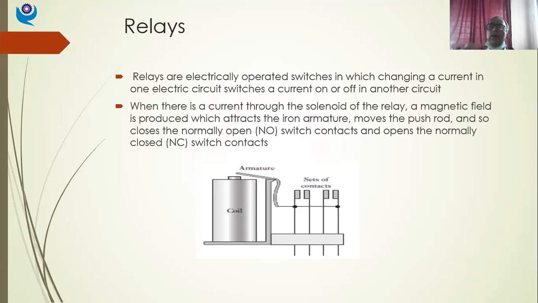These relays will make or break that circuit, or these contact switches will be connected to my electric motor. There also, high currents will be flowing through those motors. So through these contact switches, I'll be putting the circuit on or off. This way, I can make use of these electromagnetic relays.